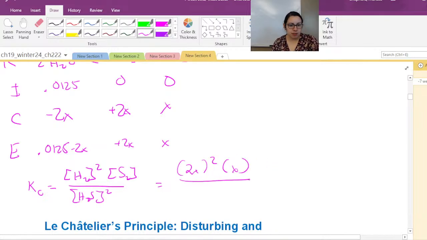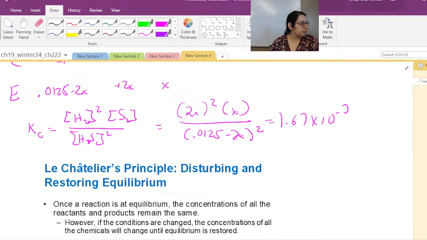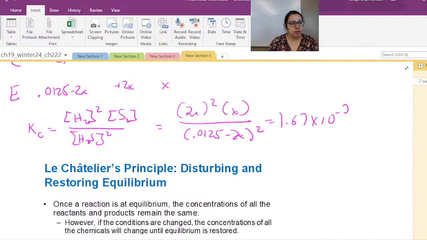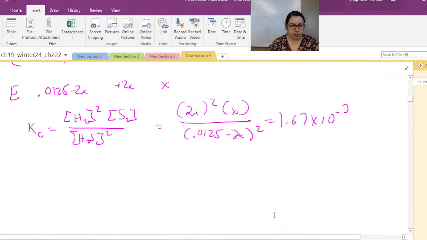times x over 0.0125 minus 2x squared is equal to that equilibrium constant. And so let's continue to simplify this a little bit more so that we can square this, right?